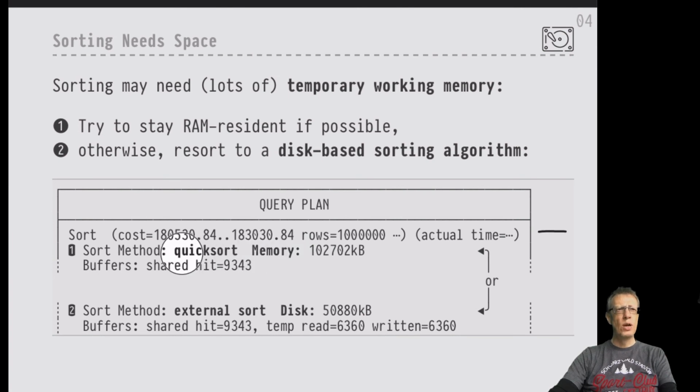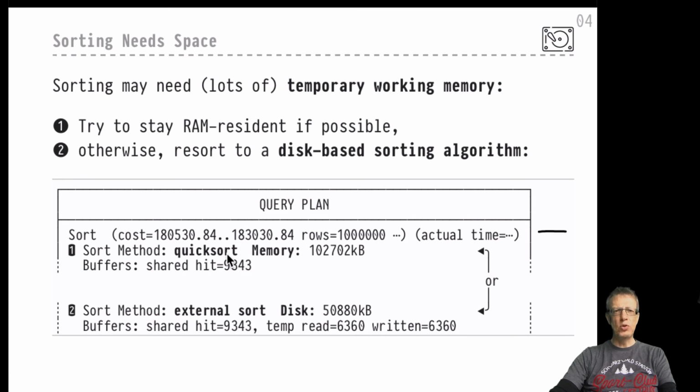In-memory sorts will be performed using the regular quicksort algorithm that you probably know. And this is the non-disk variant of the sort execution that we should aim for.